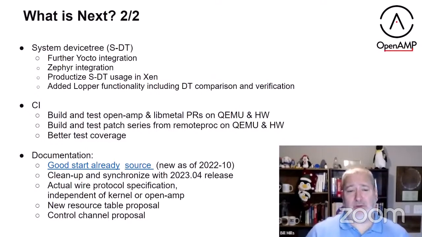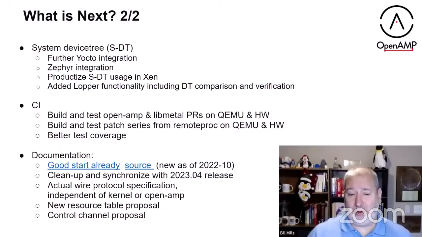From a CI point of view, I've already talked about wanting to be able to build and regression test the PRs as they come into the library and the patch series as they come in onto the remote proc. To do that, we're going to need to increase the test coverage, and the release automation also requires that test automation and test coverage enhancement.